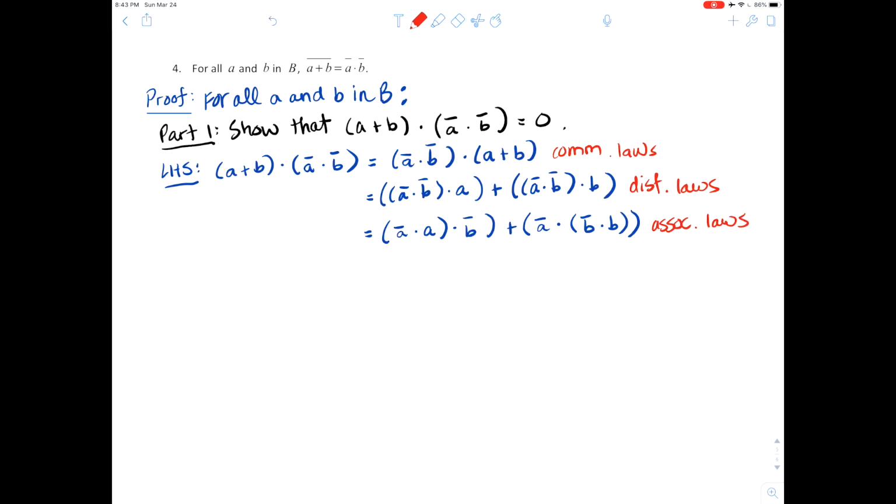Let me make sure I didn't use anything else. And commutative laws.